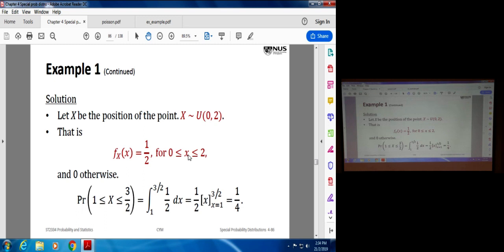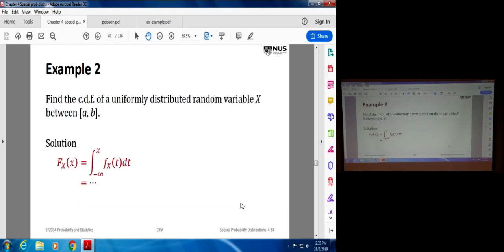Now we want to compute the probability that x lies between 1 and 3 over 2. Again, you don't really need integration here. This is just the area of a rectangle. The integral between 1 and 3 over 2 of 1 over 2 dx is 1 over 2 times x from 1 to 3 over 2, so that's a half times a half, which is a quarter. You could have worked that out without any probability theory, but that's the answer to the question.